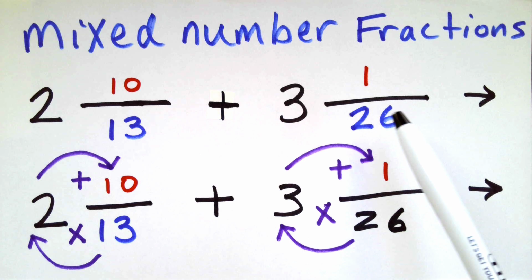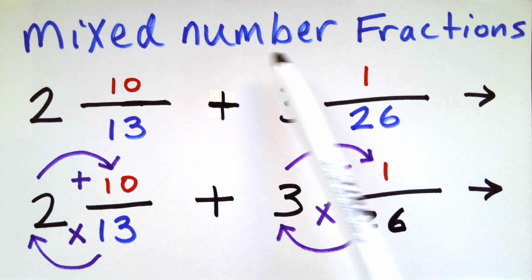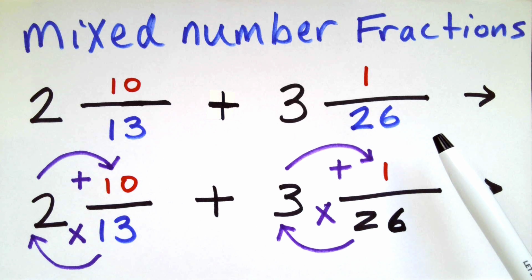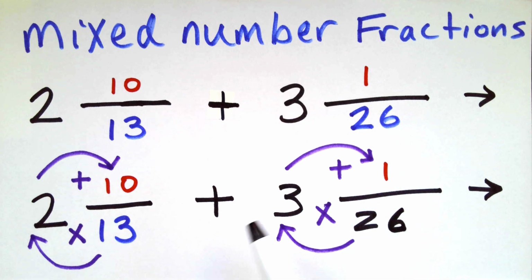So if you know what you're doing, sometimes that's an easier, quicker way, right? But if you do struggle with fractions in math and you have mixed numbers and you're adding them, the easiest way is to convert these mixed numbers into an improper fraction. And here's the formula. 13 times 2 is 26. 26 plus 10 is 36.